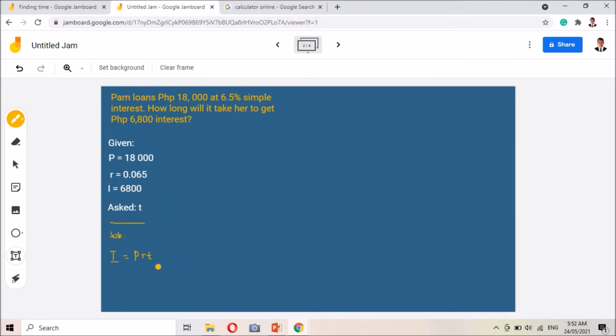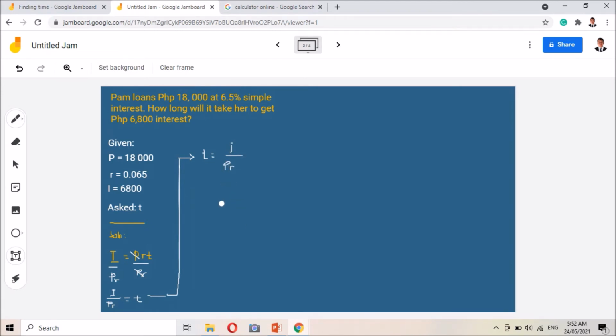We divide both sides by PR so that we can isolate T. We can now cancel out PR, and that will give us I over PR equals T. Or by the symmetric property of equality, time equals I over PR.